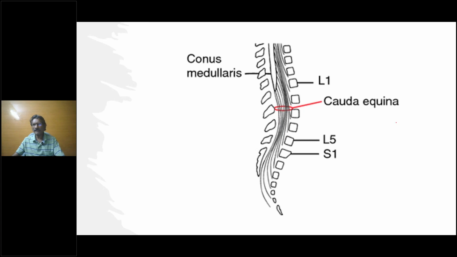See, conus medullaris is nothing but the... you are able to see here, this is the lower part, this is the conus.